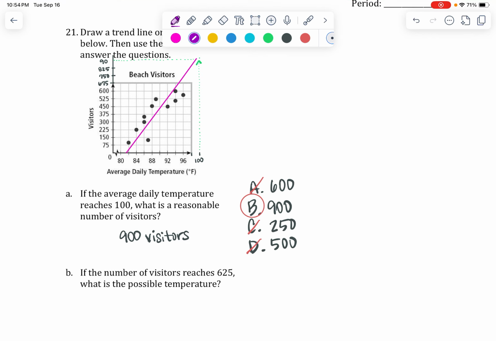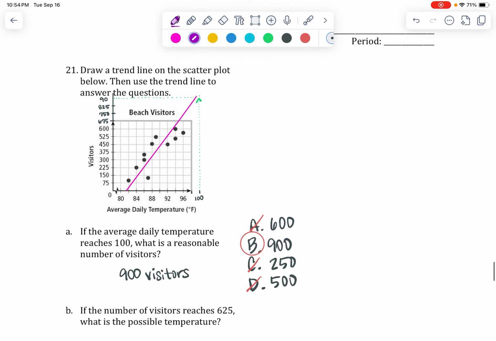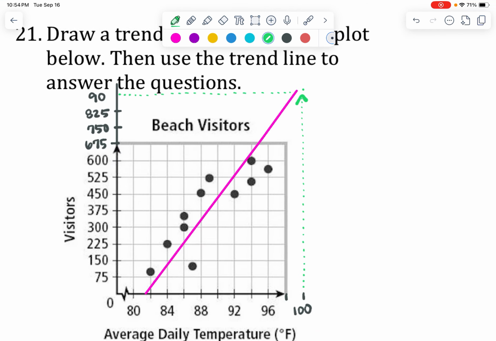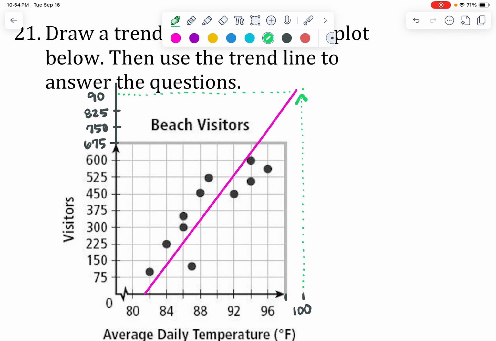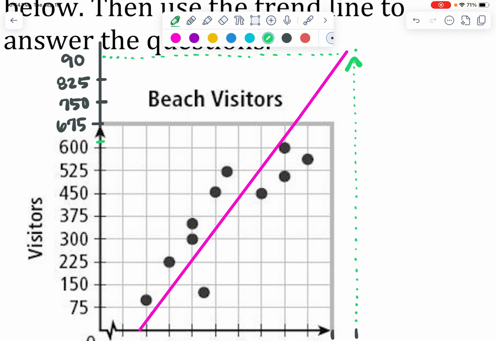All right. And then it says, if the number of visitors reaches 625, what is a possible temperature? Okay, well, we're just going to do the exact opposite. So 625, right? We're going to kind of eyeball where 625 is. So that's about here-ish, right? So I'm going to follow that over to my line of best fit.